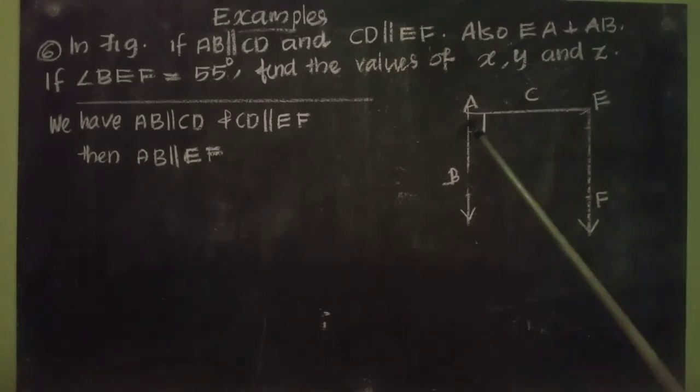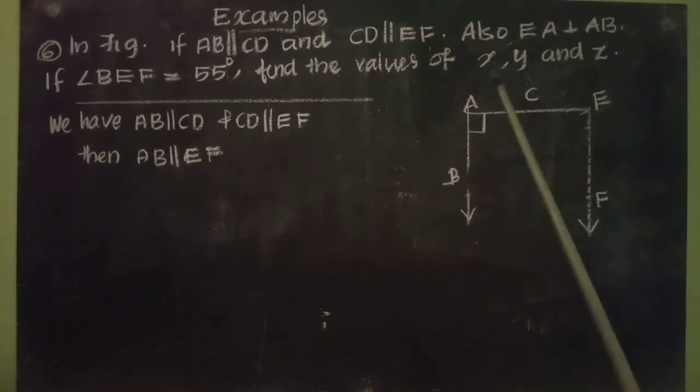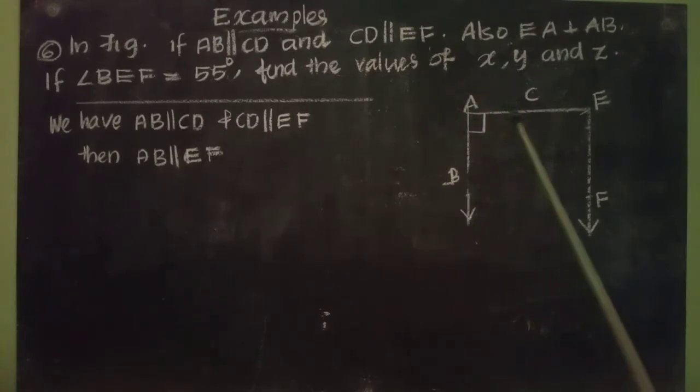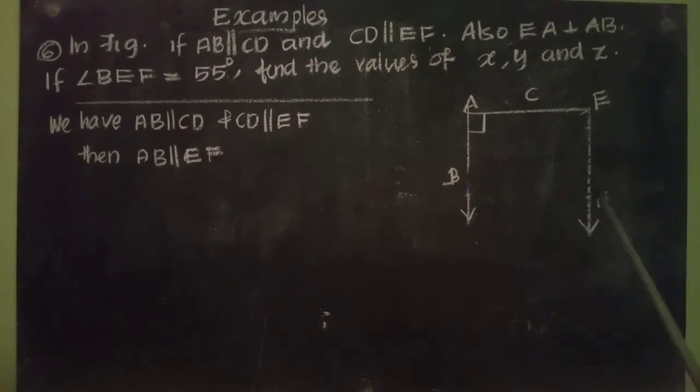This is EA. If it is perpendicular to AB, this EA is perpendicular to EF also, because these two lines are parallel. So, not only this angle A, but also this angle E is 90 degrees.